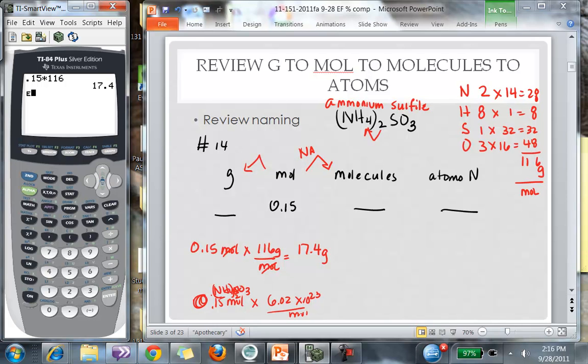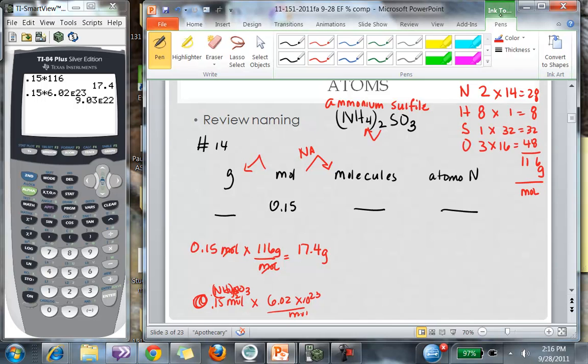Second double E. And that didn't work either. 0.15 times 6.02, second double E, 23, enter, and that is equal to 9.0 times 10 to the 22.